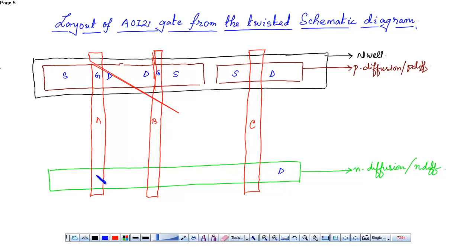This is again the drain, drain, source, drain, source, source. These are the gates. Just compare this with the twisted schematic. Now these two sources actually have a common drain. That's why we have placed them in a single P diffusion. Otherwise we would have taken different diffusion layers.